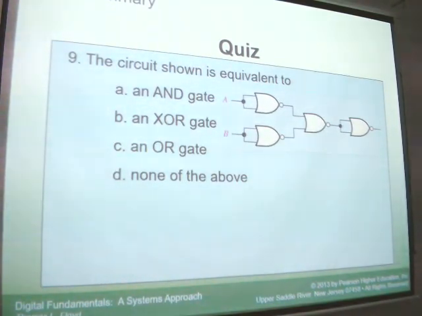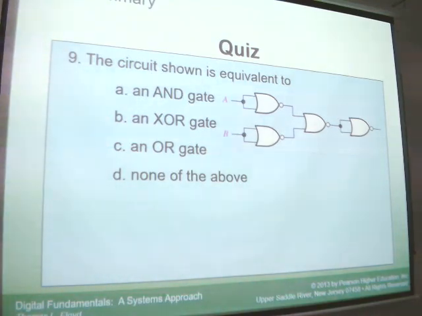Question 9. The circuit shown is equivalent to OR gate, A bar or A bar, B bar, again.